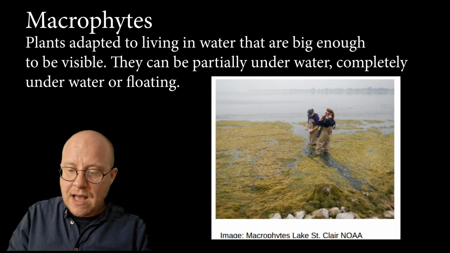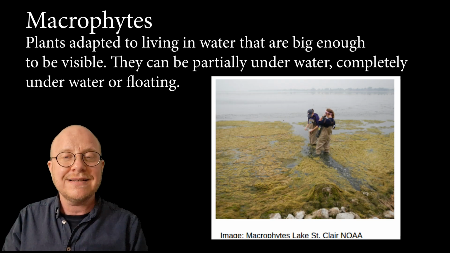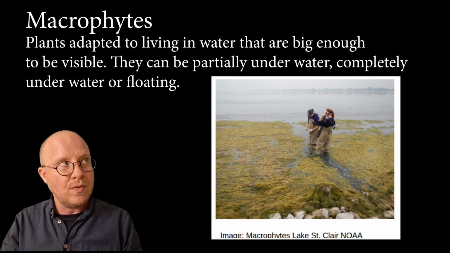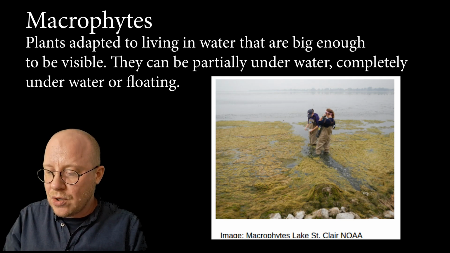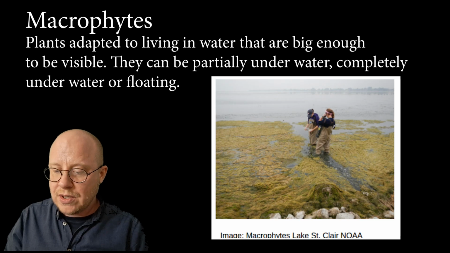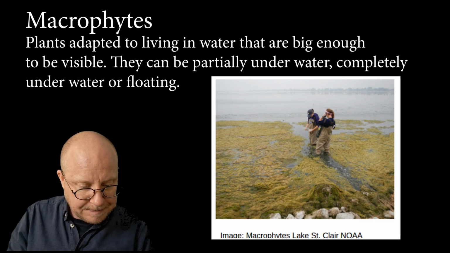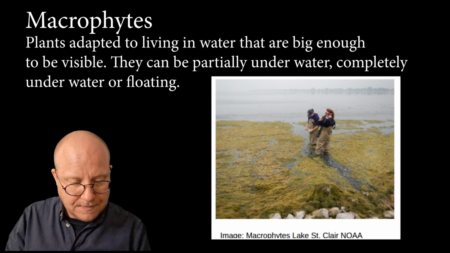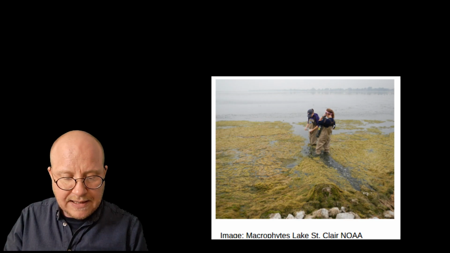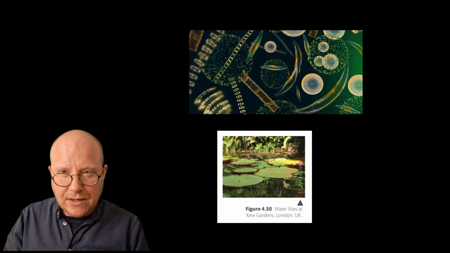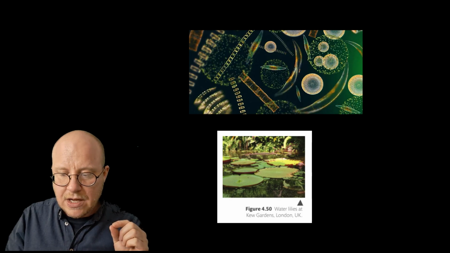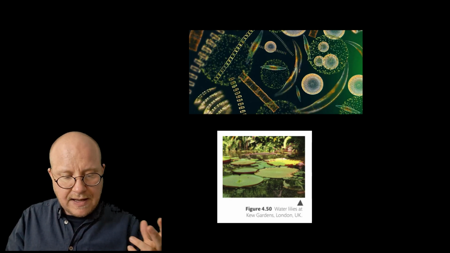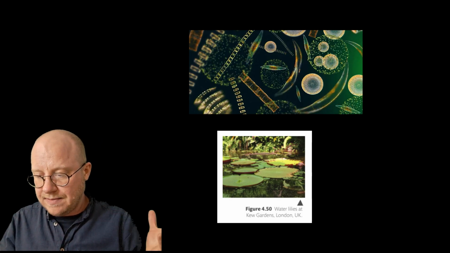Macrophytes. Aquatic plants, those are macrophytes, aquatic plants, are those adapted to living in aquatic, freshwater and saltwater environments. So phytoplankton are like microscopic. They're teeny tiny, right? Whereas macrophytes, they're bigger.